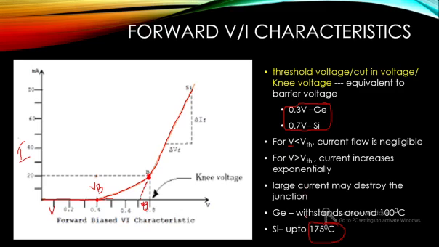So here you can see which material is then suitable for devices. Is it germanium or silicon? From this inference you can see that since silicon can stand very high temperature, it will not heat up very fast, and hence silicon is preferred over germanium as a device.